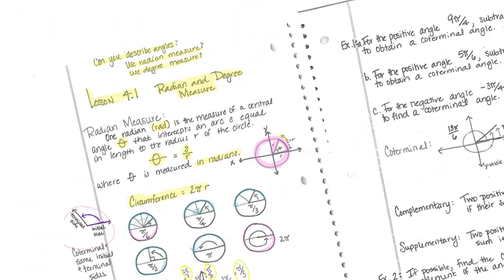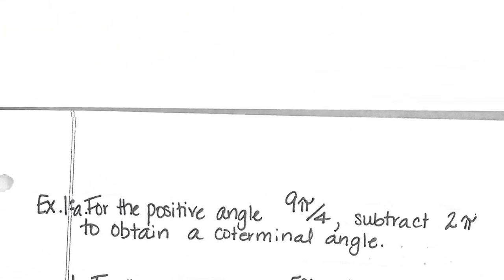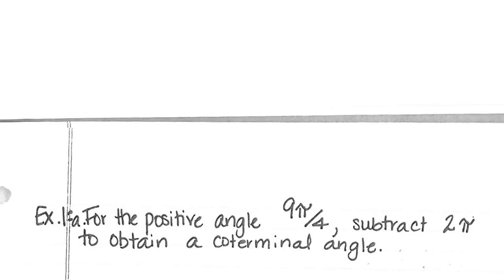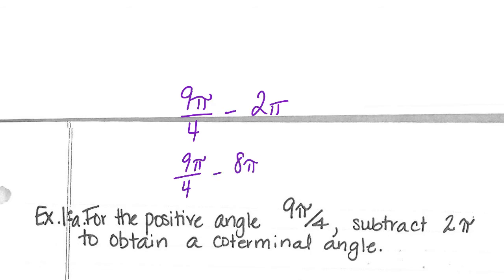So let's go back to what the question says. It tells us literally to take 9 pi over 4 and subtract 2 pi. Well, I know that 2 pi is equivalent to 8 pi over 4. So the answer to this is just going to be pi over 4.